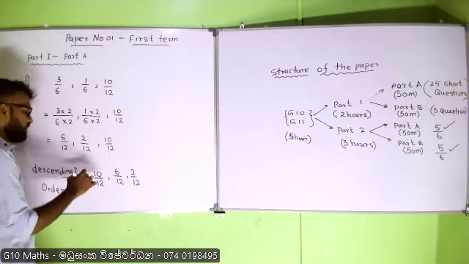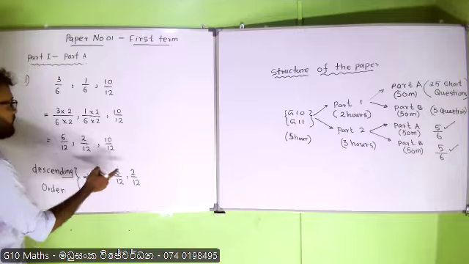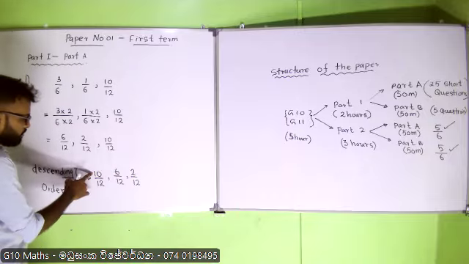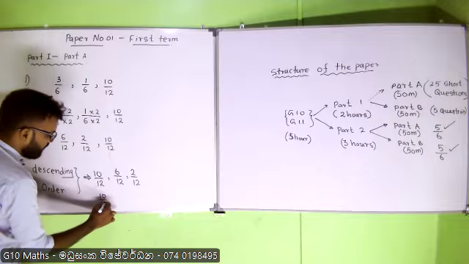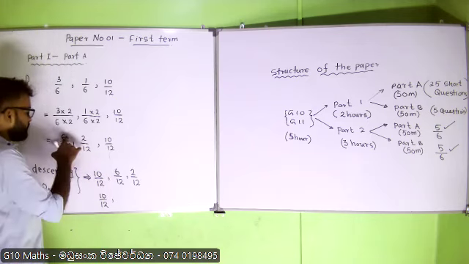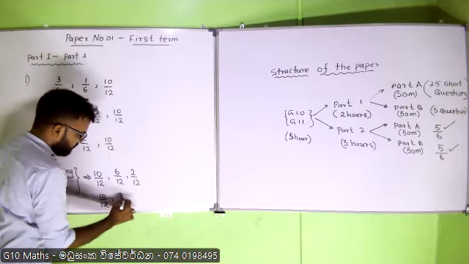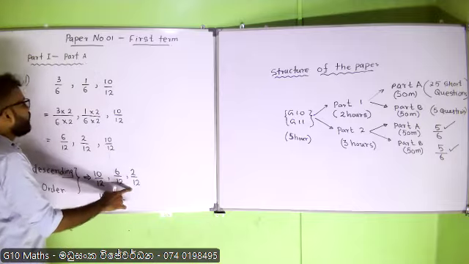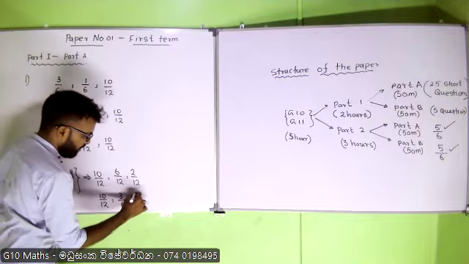But this is not the final answer. You have to keep the answer in the original form. So 10 upon 12 stays the same as that. 6 upon 12 refers to 3 upon 6. 2 upon 12 refers to 1 upon 6.